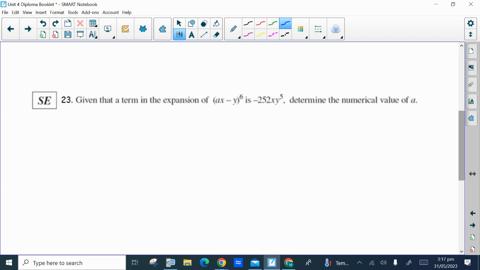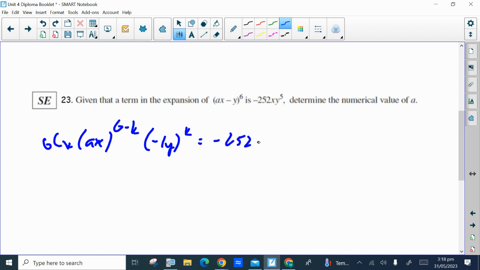We've seen lots of questions like number 23 before. We want to determine the numerical value of a. So 6Ck, a x to the 6 minus k, negative 1 y to the power k has to equal negative 252 x y to the 5th.